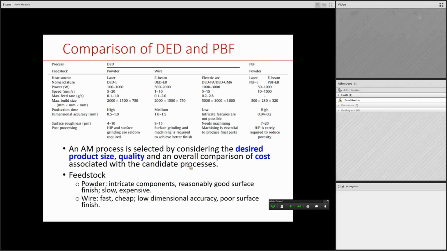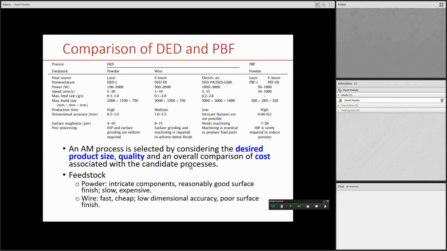Another thing is, as for the post process, you see that some of the DED with laser and powder bed fusion require HIP, which is hot isostatic pressing. It's a typical process to densify the metal components to reduce the porosity.